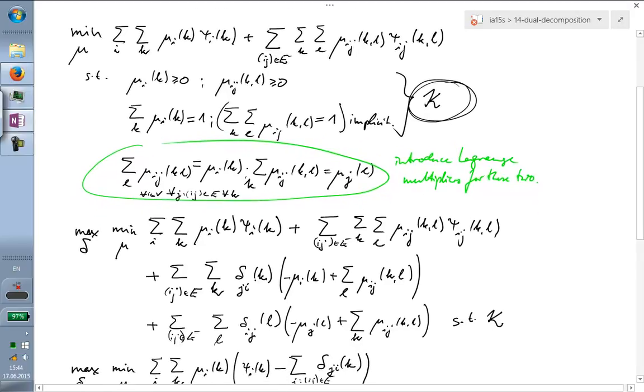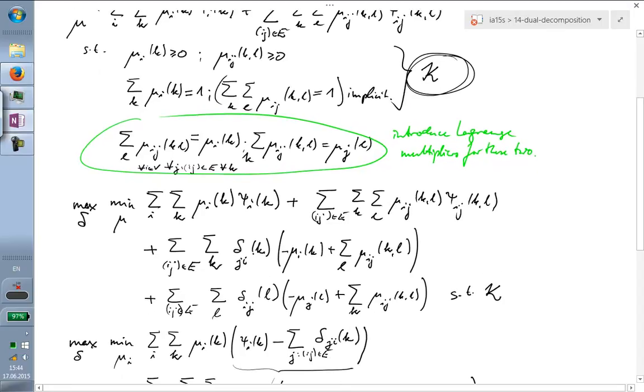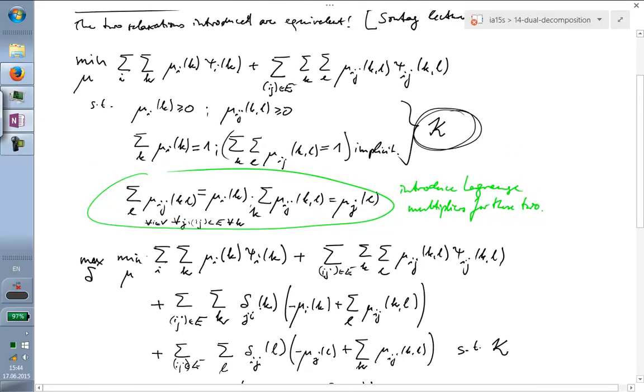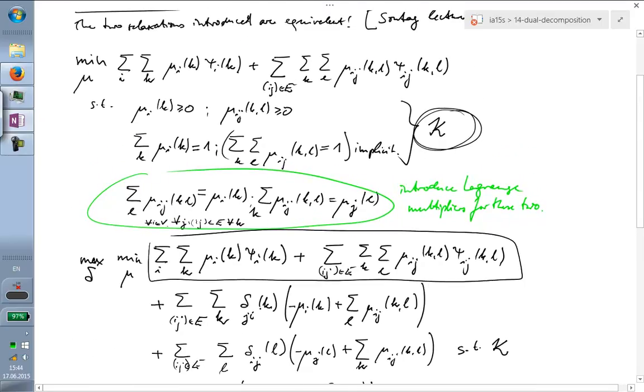And these consistency conditions, which are here circled in green, can now be added to the objective function and multiplied with Lagrange multipliers. So what you see here is the objective function from above.